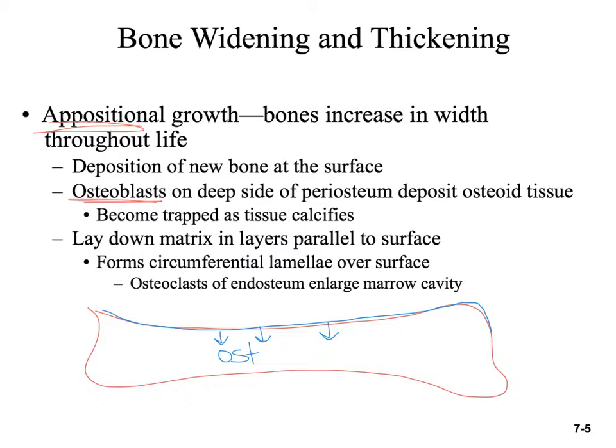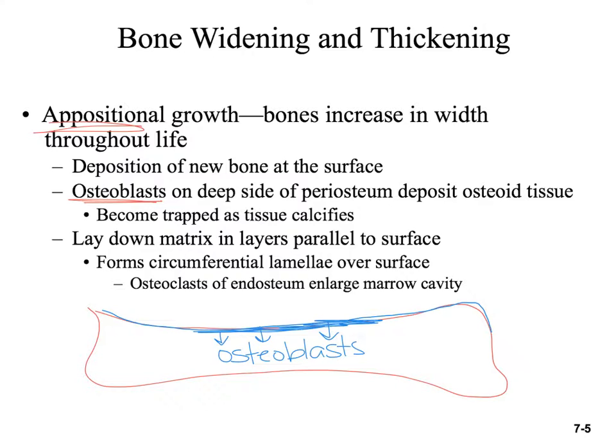Those osteoblasts are hanging out there, and as osteoblasts do, they start dropping down bone tissue, and then that bone tissue becomes trapped in that space between the outer part of the bone and that periosteum, and then it increases the bone in width. So that's how that works.